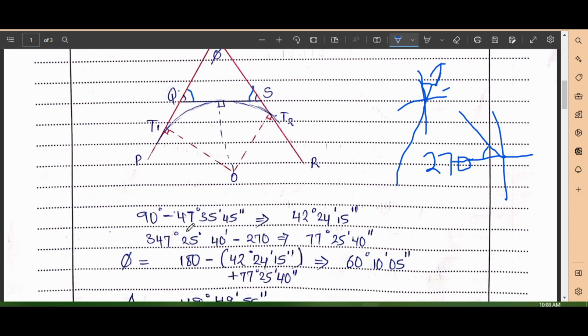So I go ahead and subtract: 347 degrees 25 minutes 40 seconds minus 270 degrees. When you subtract, my answer will be 77 degrees 25 minutes 40 seconds.